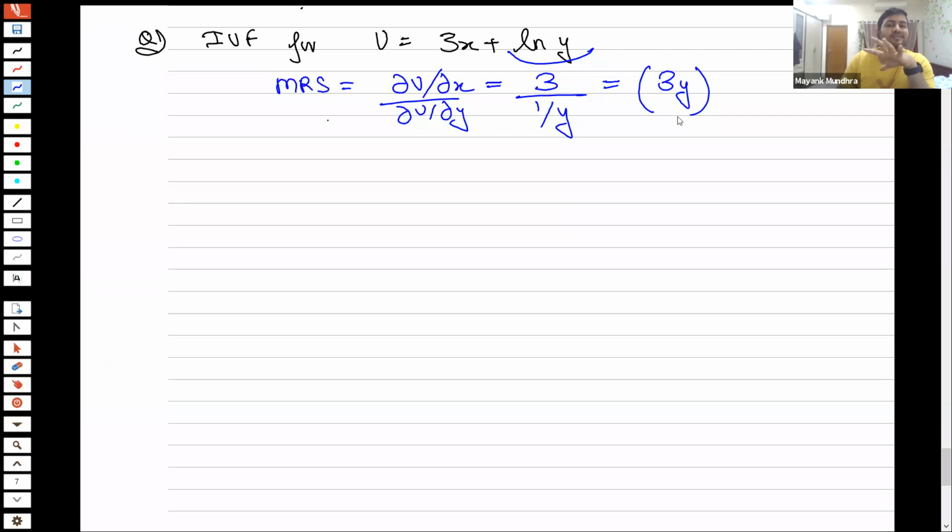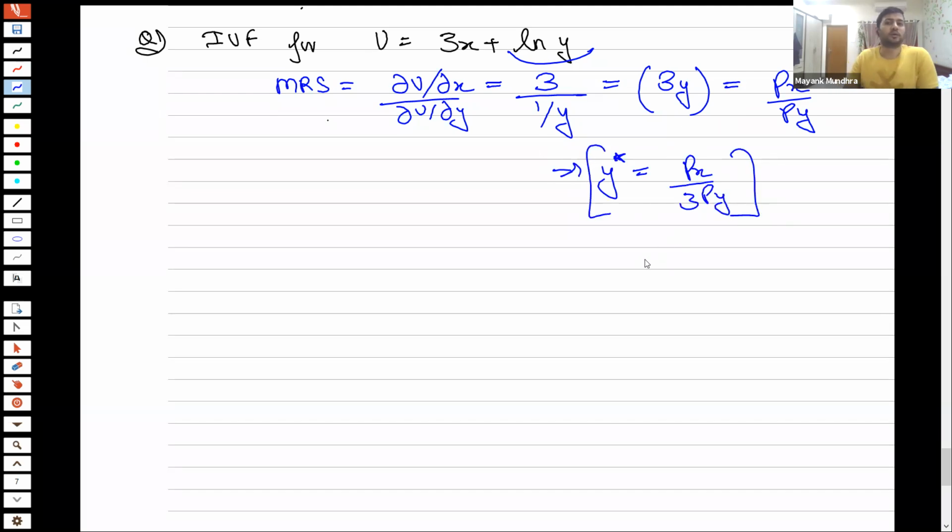Okay, so MRS is 3 times y, and this should be equal to the price ratio Px upon Py, which basically gives that y star equals Px by 3Py. By the way, such a class of utility functions is called quasi-linear.